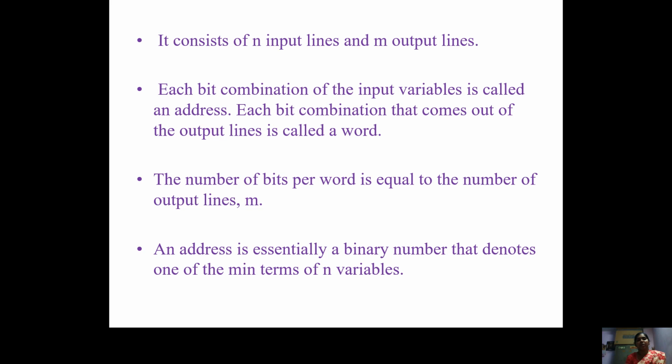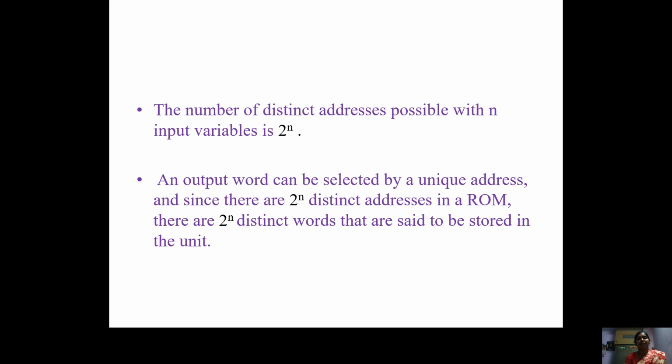Since we have used a decoder here, 2 power n addresses are available. So each address is nothing but a minterm, a minimum term, of n variables. The total number of distinct addresses possible with n input variables is 2 power n.